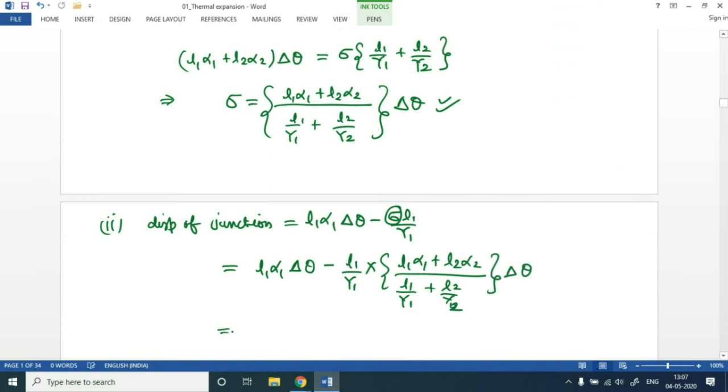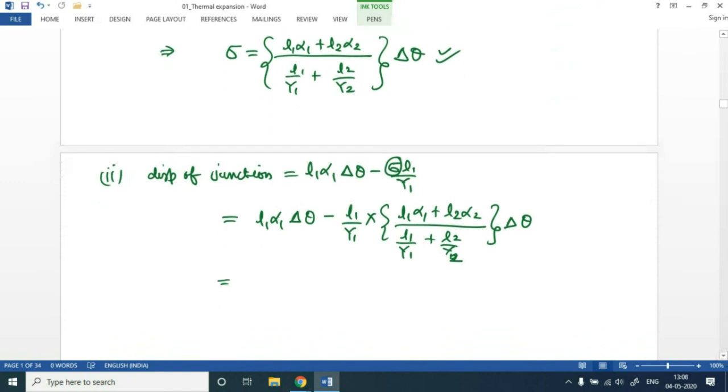Rearranging this gives us L1 L2 delta theta times alpha 1 Y1 plus alpha 2 Y2, divided by L1 Y2 plus L2 Y1. So that was one of the famous questions.